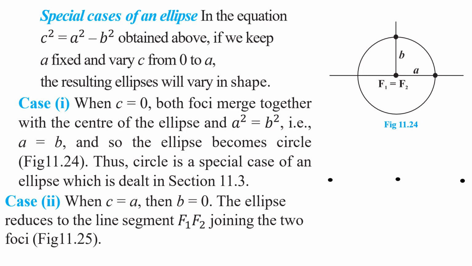When we take the value of c equal to a, then b is equal to 0, and we get this geometrical figure, figure 11.25. Observe this figure, my children. In this case, when c is equal to a and b is equal to 0, we get a line segment joining the two foci. These two cases are said to be special cases of an ellipse.